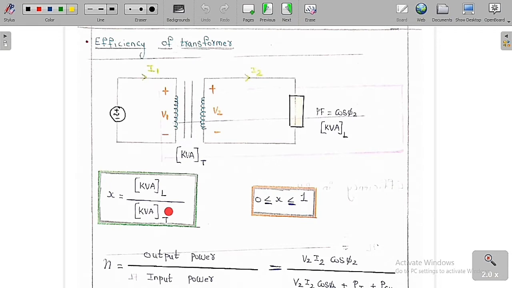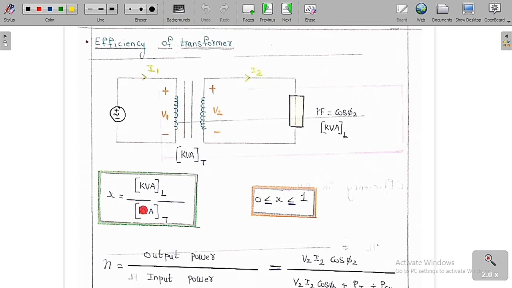X is the ratio of the kVA rating of the load to the kVA rating of the transformer, or we can say X is the ratio of the load current drawn to the full load rated current, or the ratio of the current at the particular load to the full load current.